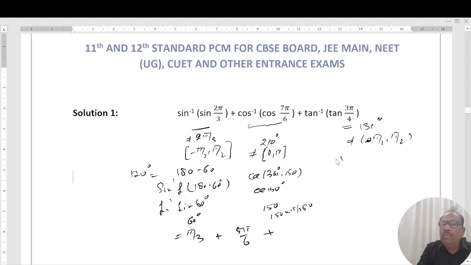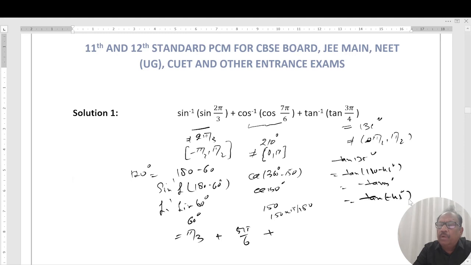So tan of 135 degree is tan of 180 minus 45. Quadrant second means 180 minus 45. So this comes out to be minus tan of 45. Tan of minus theta is minus tan theta, so this answer can be written as minus pi by 4.